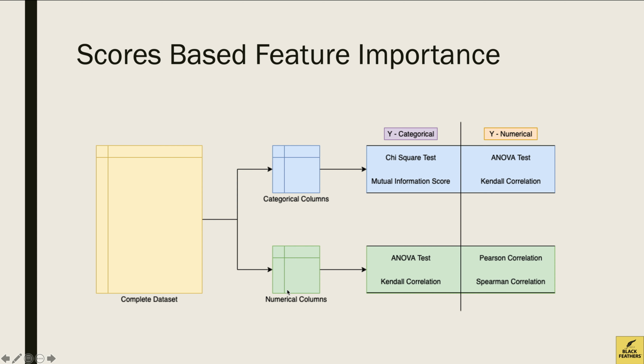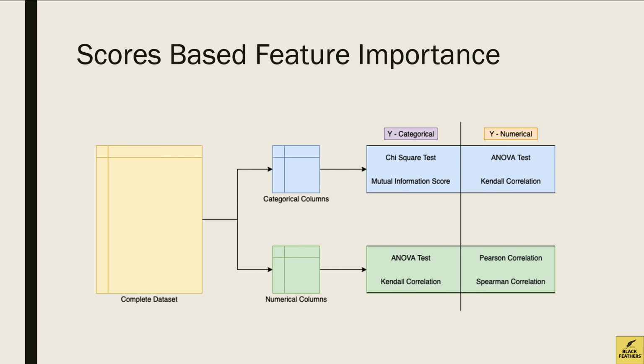Now, if we come to the numerical columns, if I have a categorical target variable, then again we will be using the ANOVA test and Kendall correlation. And if we have a numerical independent variable, while the dependent variable is numerical again, there we will be using Pearson correlation and Spearman correlation.